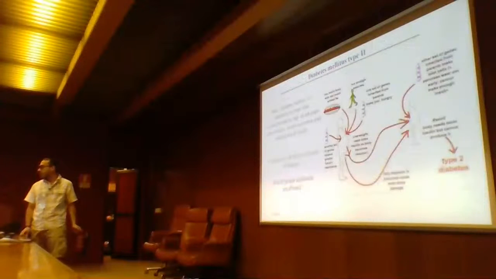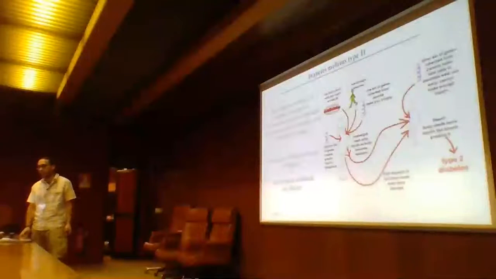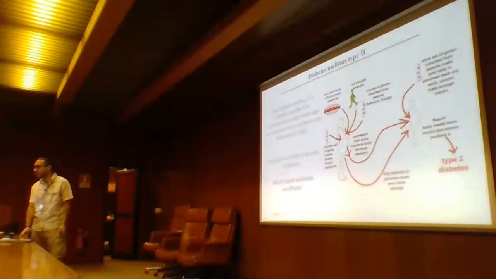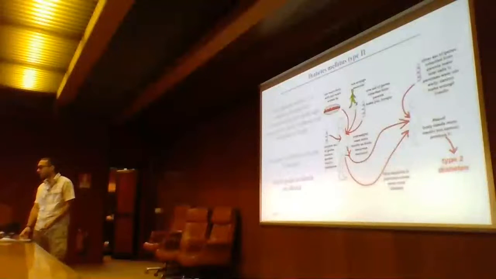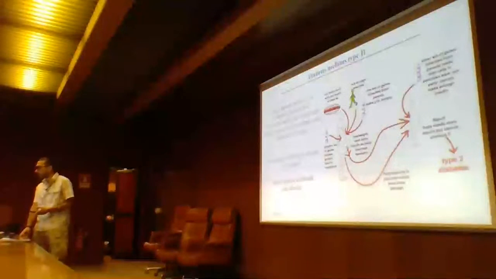So, diabetes mellitus type 2 is a metabolic disorder that is characterized by high blood sugar concentration, insulin resistance, and relative lack of insulin. It accounts for 90-95% of all cases of diabetes and is getting a lot of attention in the sense of the effort to provide possible drugs to stop the propagation of the process.